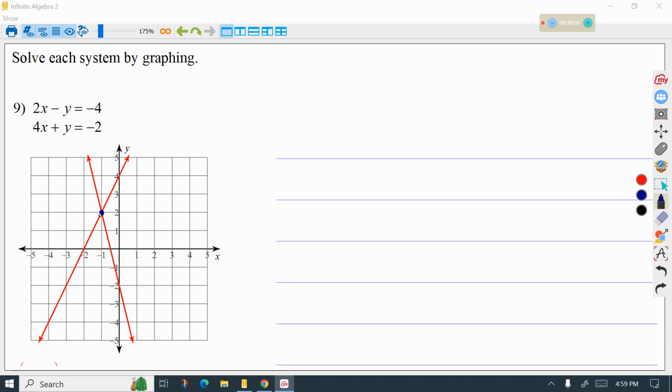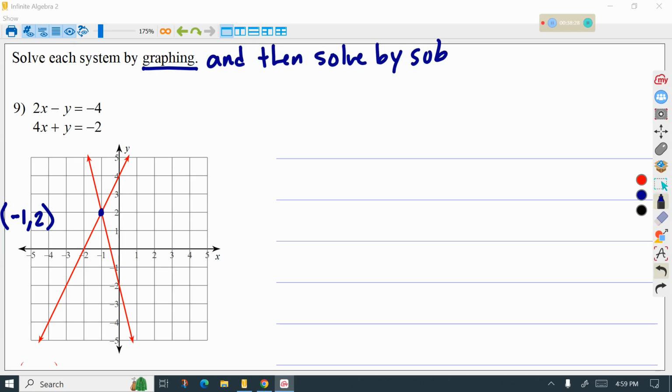The solution, the point where the lines cross, is at negative 1 and positive 2. And that's the solution here. But you don't only want to solve this by graphing. Okay, today we learned after we solve it by graphing, we wanted to write and then solve it by substitution or elimination.